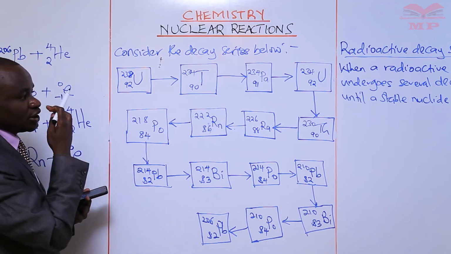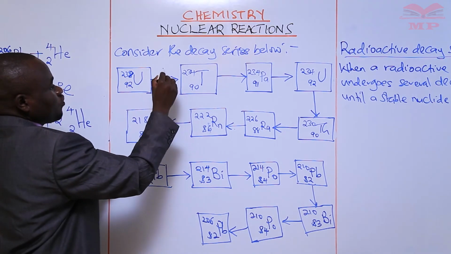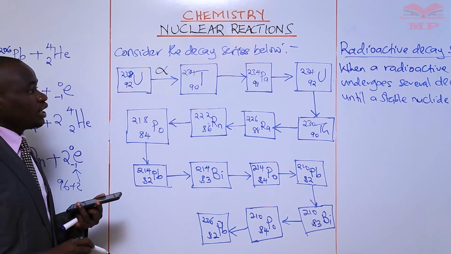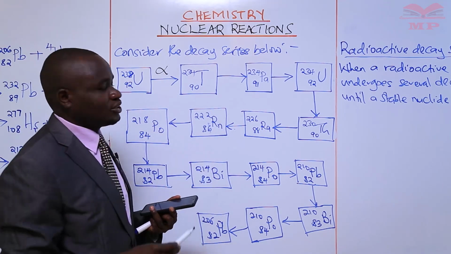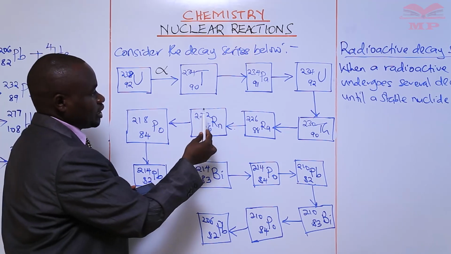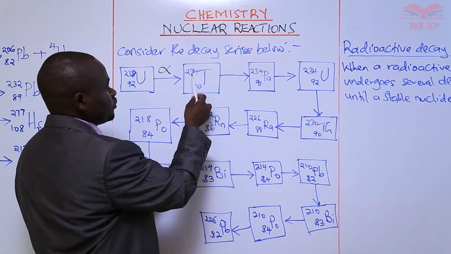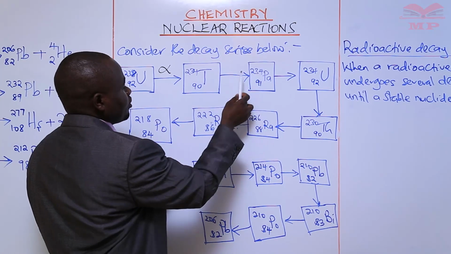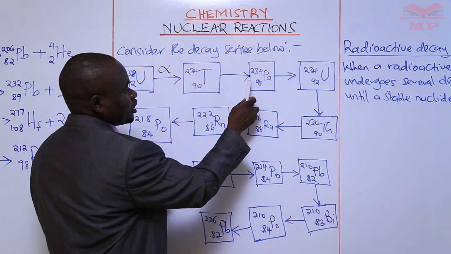And that is alpha. So that means when this particle is decaying, there is emission of an alpha particle. So that is in the first case. Second case, check. Mass number has remained the same, 234, 234. Atomic number has increased from 90 to 91.